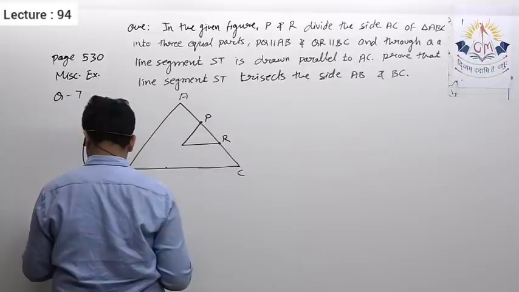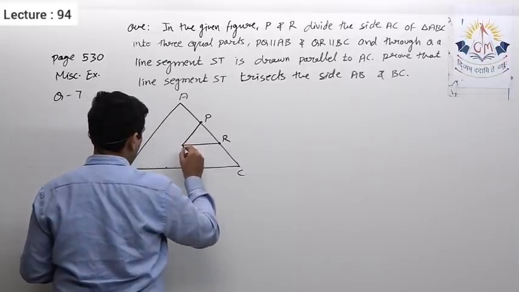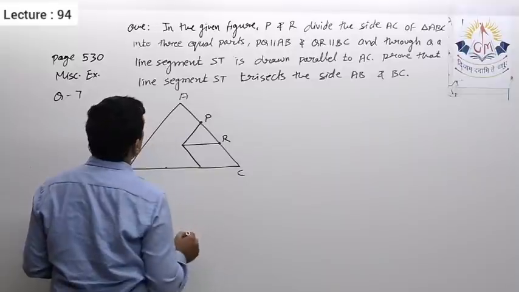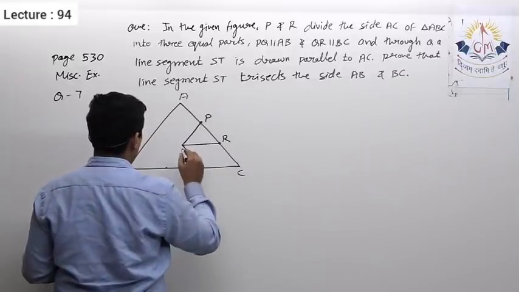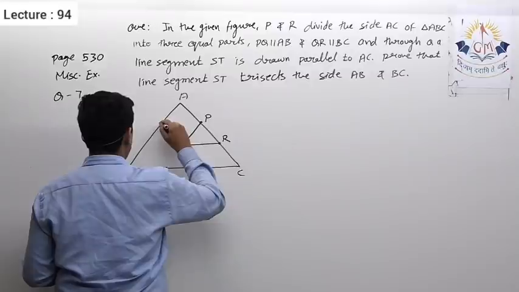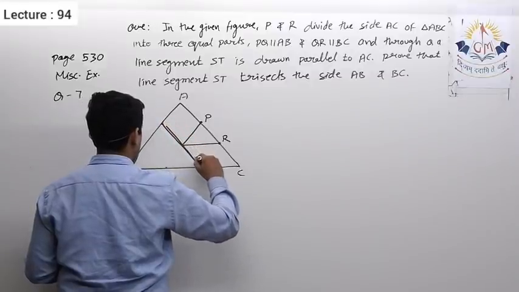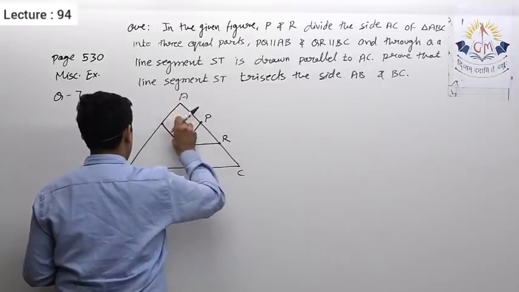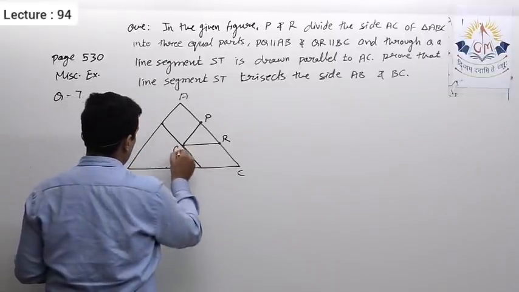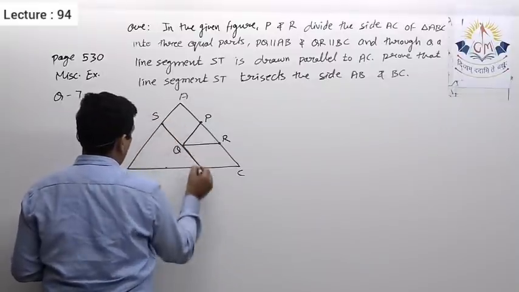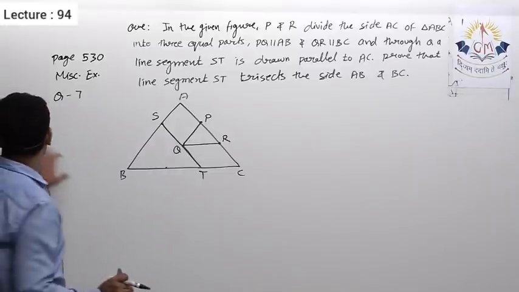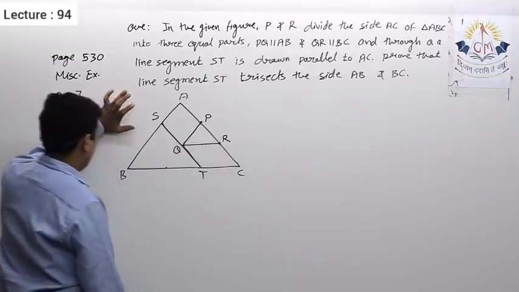Okay, there is a line passing through Q. Line segment ST is drawn parallel to AC through Q. This is point Q, this is S, this is T. So now we have to prove this ST trisects AB.